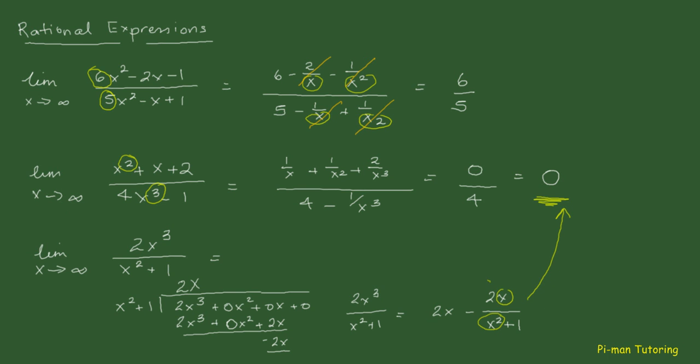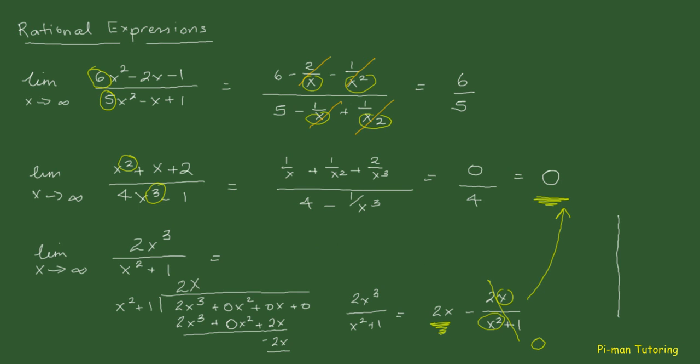And so this will tend towards 0. And so as x tends to infinity, this function is going to get closer and closer to the line y equals 2x. So we have the case of an oblique asymptote.